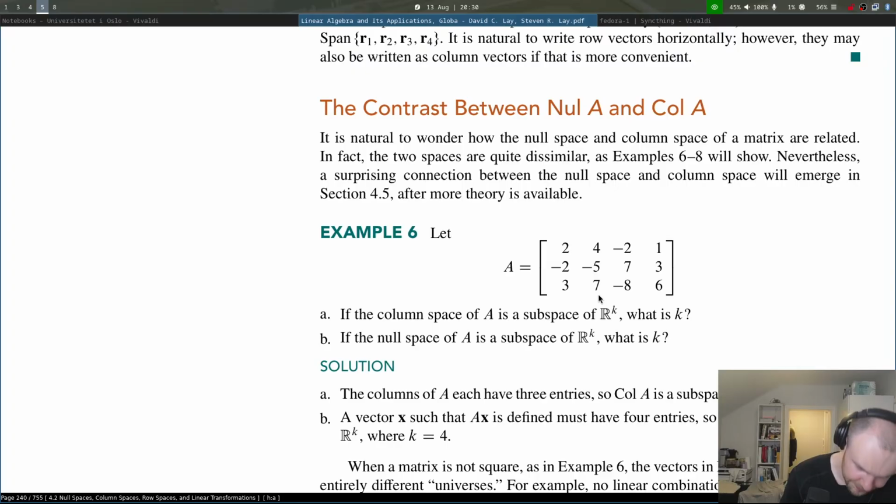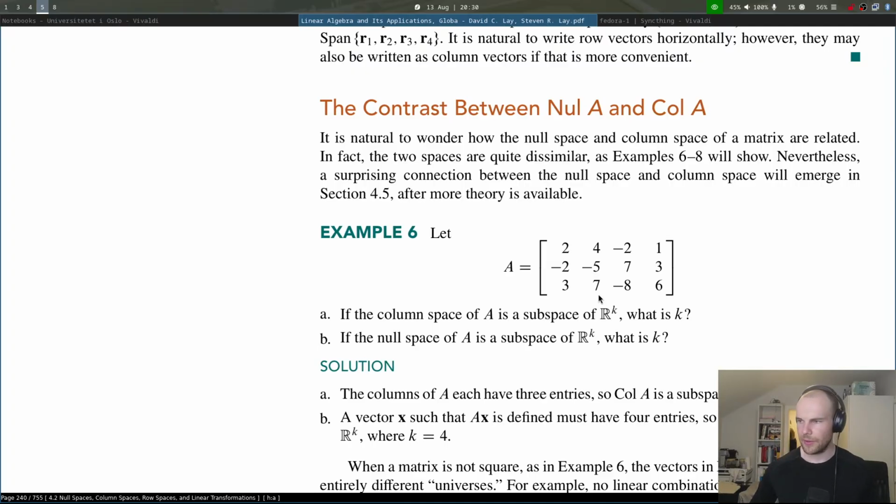A is 2, 4, minus 2, 1. Then we have minus 2, minus 5, 7, 3. Then we have 3, 7, minus 8, and then 6. That should be all right.